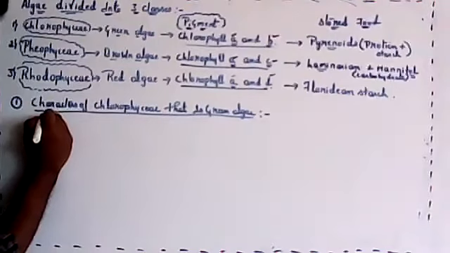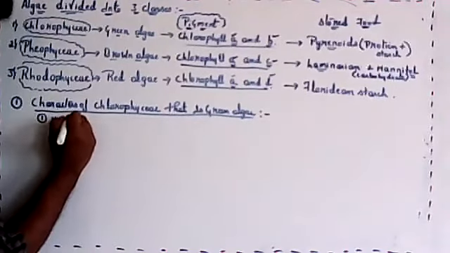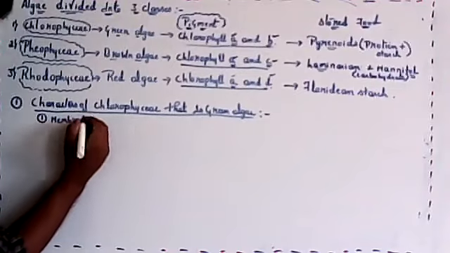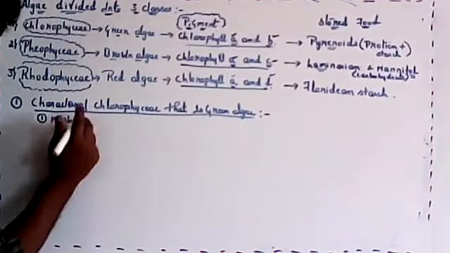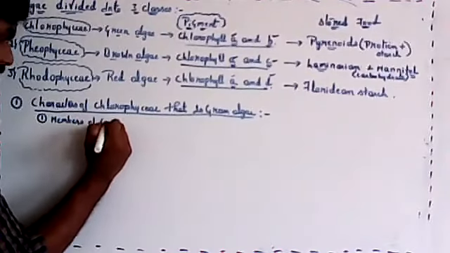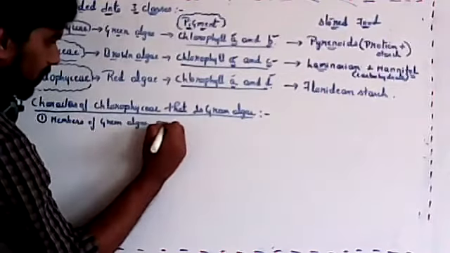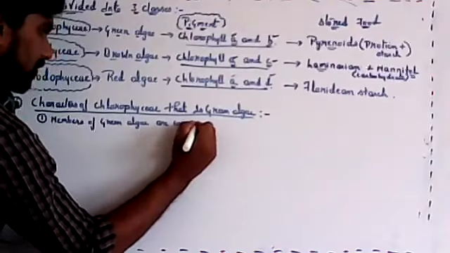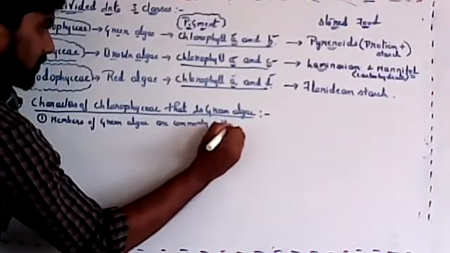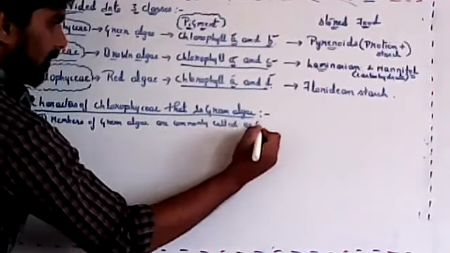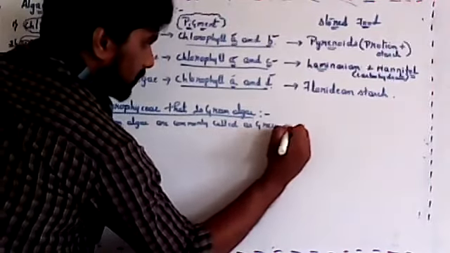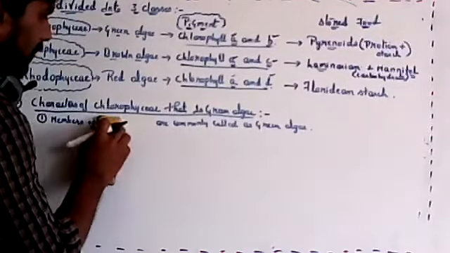Members of Chlorophyceae are commonly known as green algae.